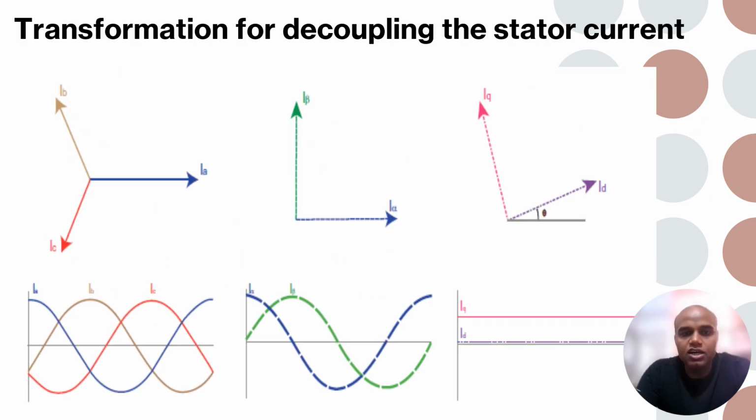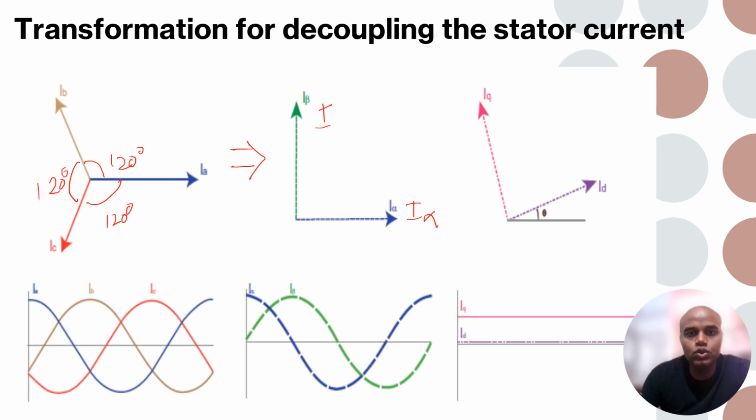For the decoupling of the stator current, let's understand that this is my stator current, with the phases placed 120 degrees apart electrically. All these three phases are 120 degrees apart from each other, and this is converted into a two-phase quantity, which is alpha and beta.